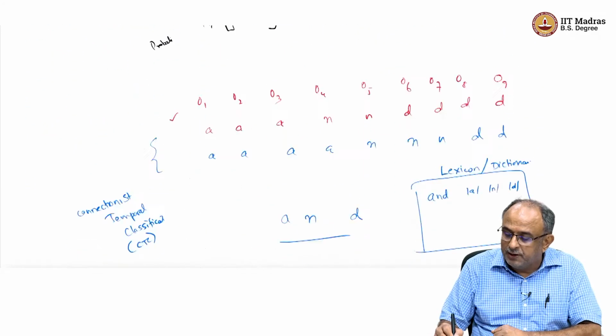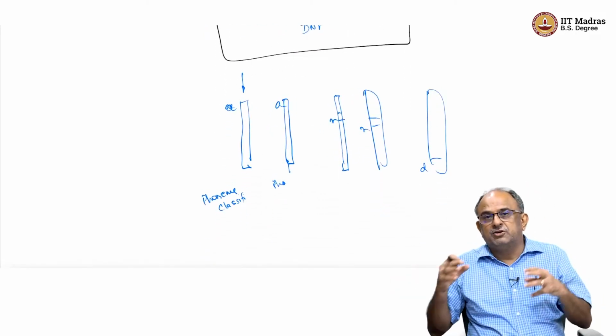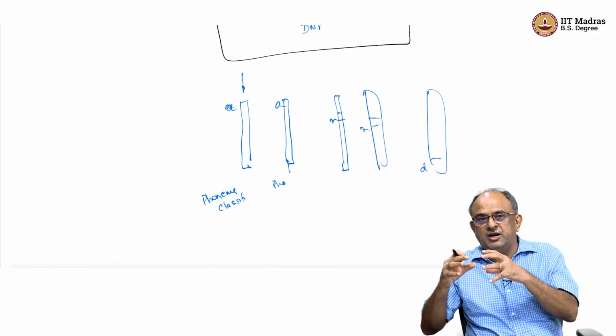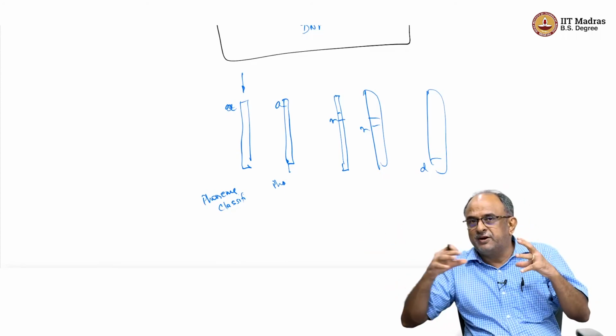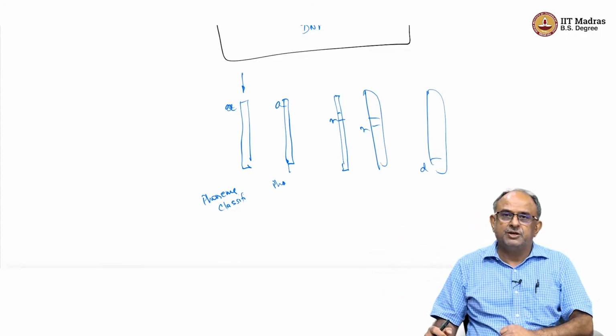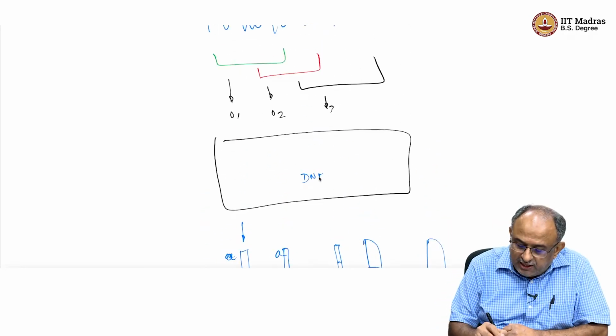So the HMM is the one that takes care of this information, how states evolve: after I reach a state, when do I go to the n state, when do I go to the d state. It is keeping track of the sequence information. The DNN is not using any of this idea.